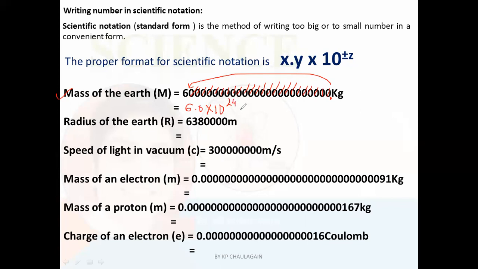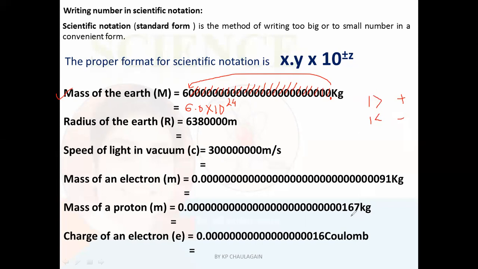The last step is whether we have to write plus or minus here. If the number is greater than 1, then you have to write plus.